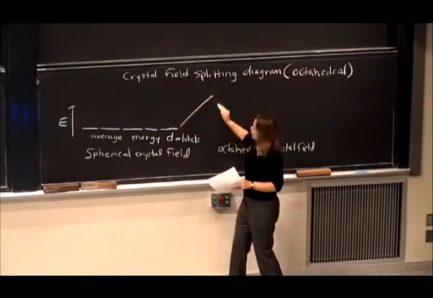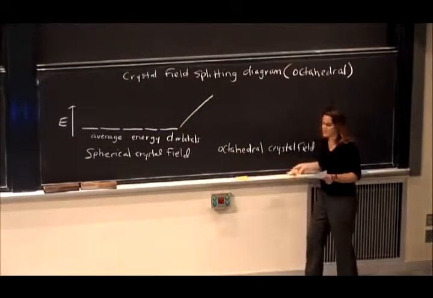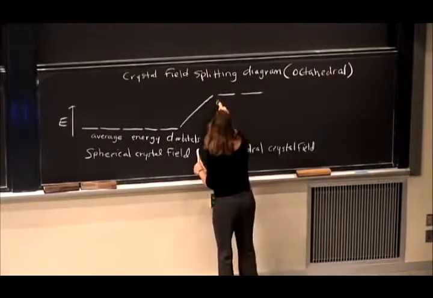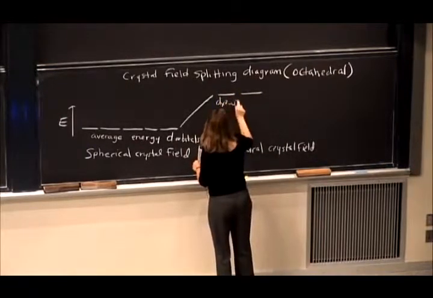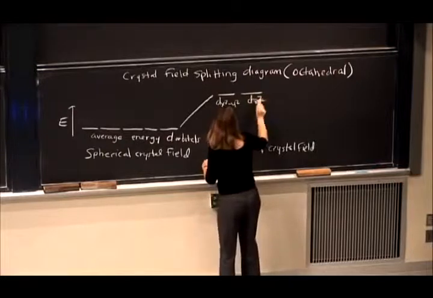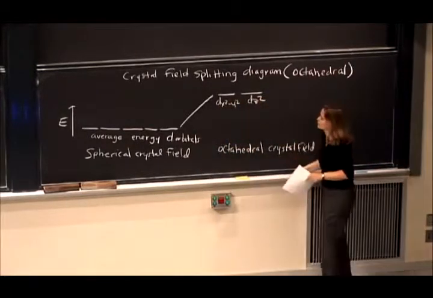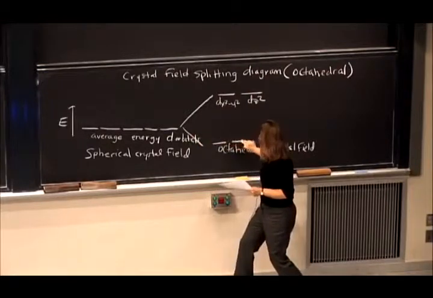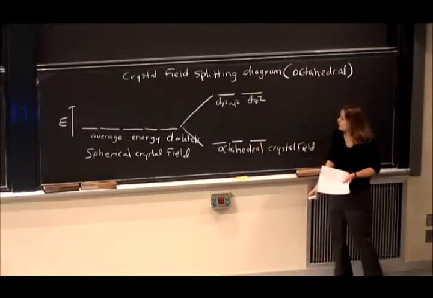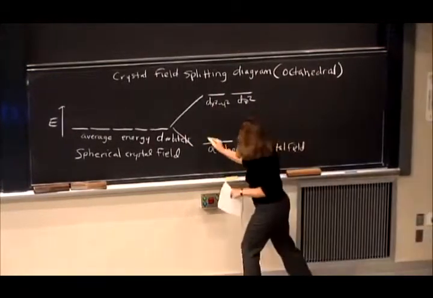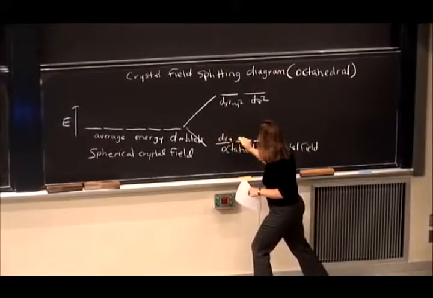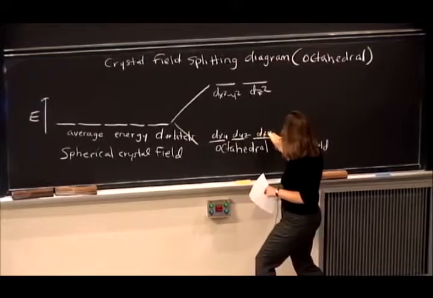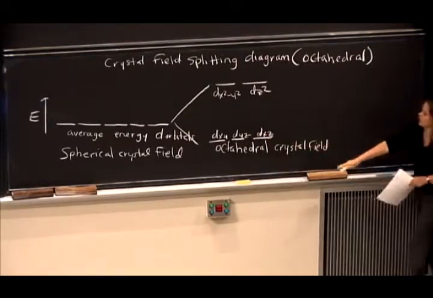So some of our orbitals are going to be destabilized, and they'll be higher in energy here. So we have the dx squared minus y squared and dz squared over here are going to be higher in energy. And we're going to have 3 that are lower in energy. So we'll have our dxy, our dyz, and our dxz over here. Will be lower in energy.